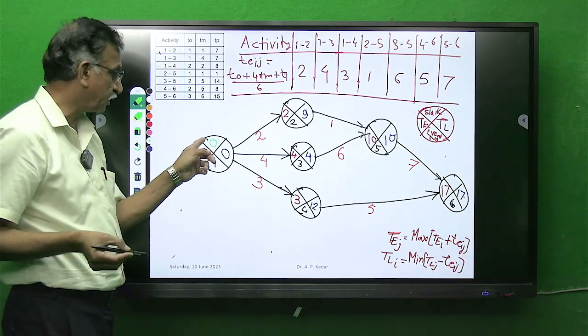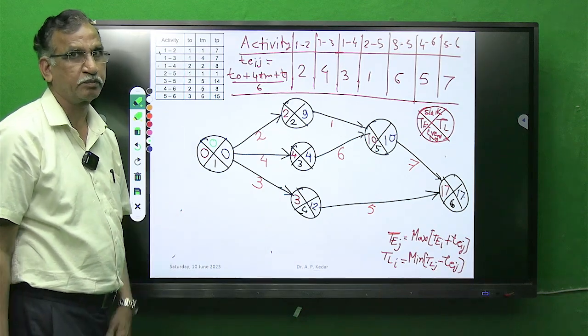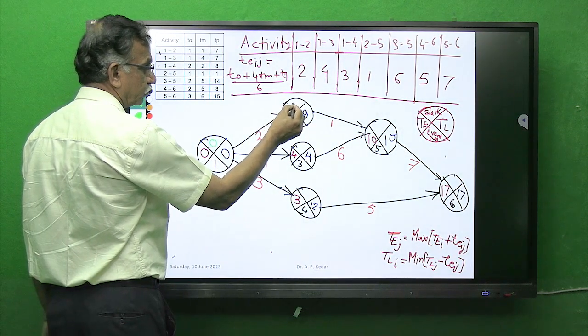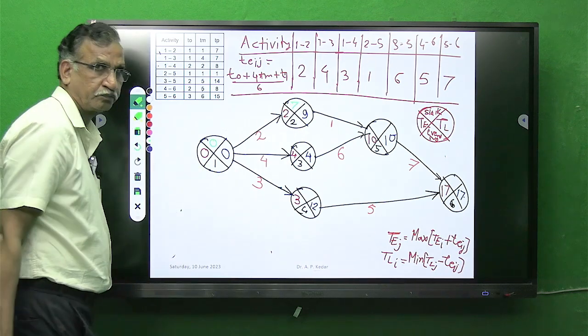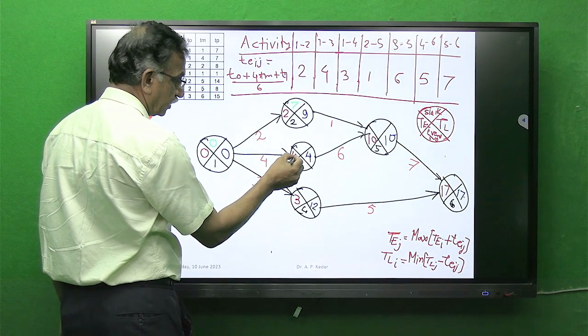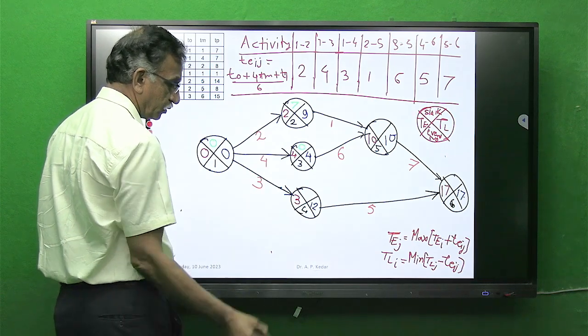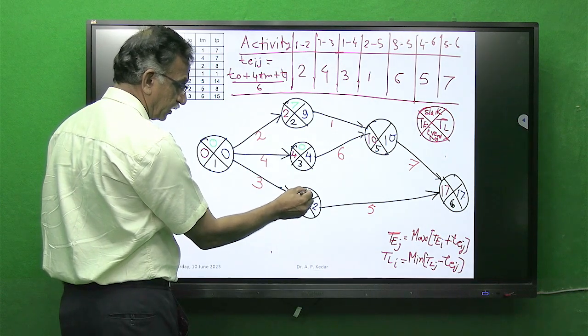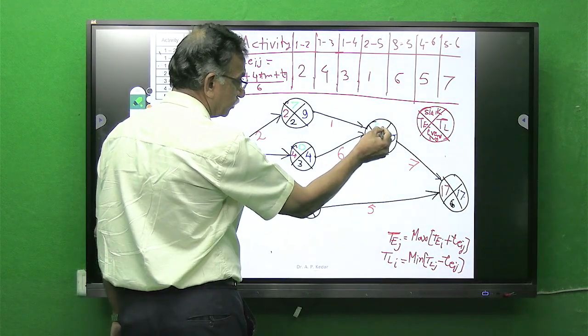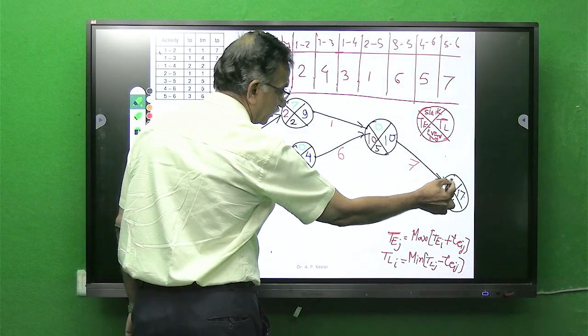Intentionally I am using different colors for understanding purpose. 9 minus 2, 7. 4 minus 4, 0. 12 minus 3, 9. 10 minus 10, 0. 17 minus 17, 0.